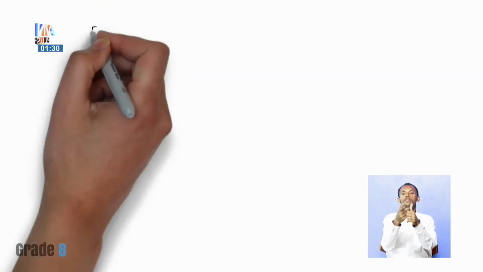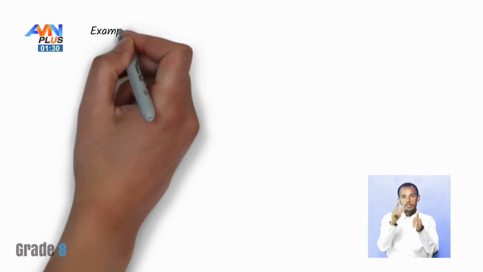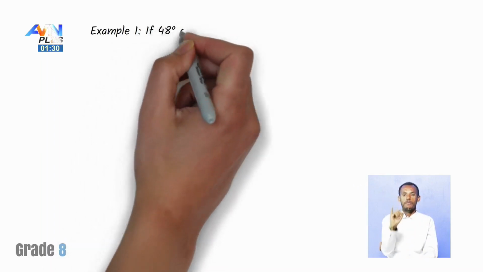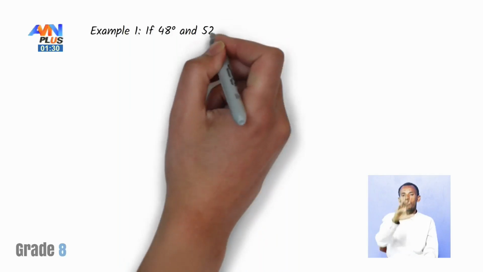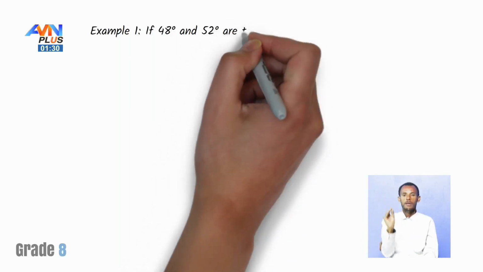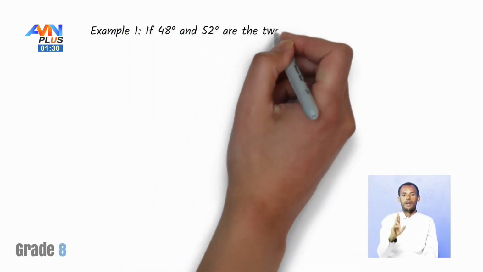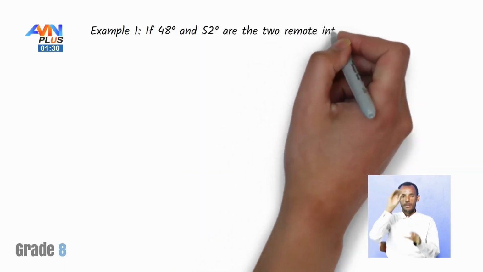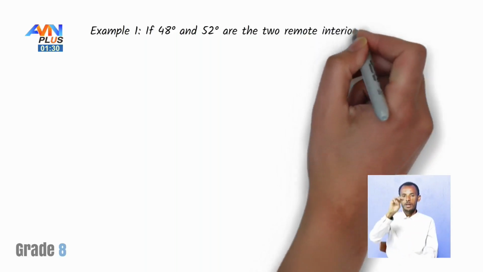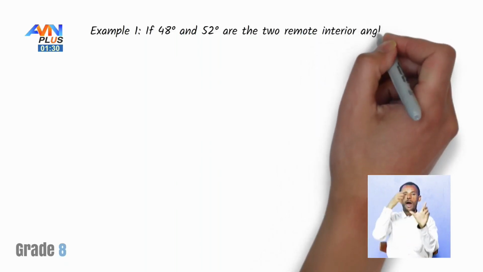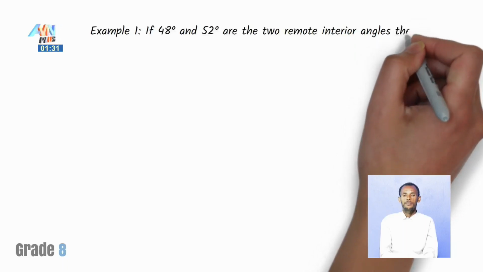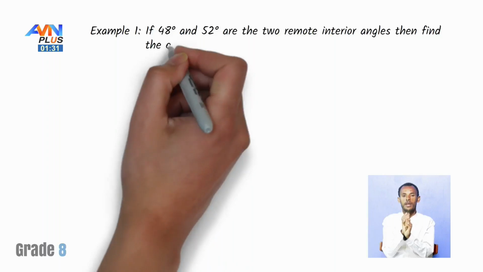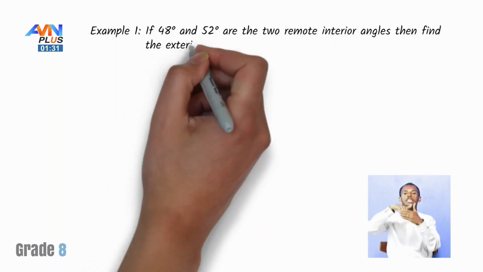In the first example, example 1, if 48 degrees and 52 degrees are the two remote interior angles, then find the exterior angle.